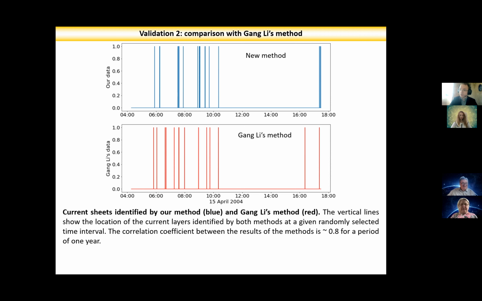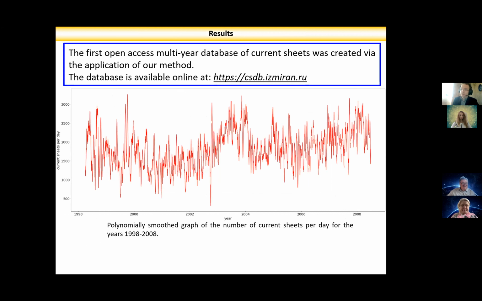and that once again goes to show that our method is slightly better at large quantities of data because we already have a database spanning 12 years with more than 7 million individual current sheets identified.